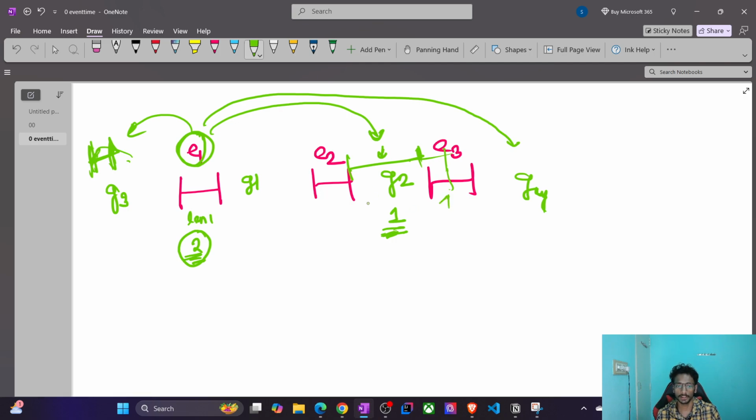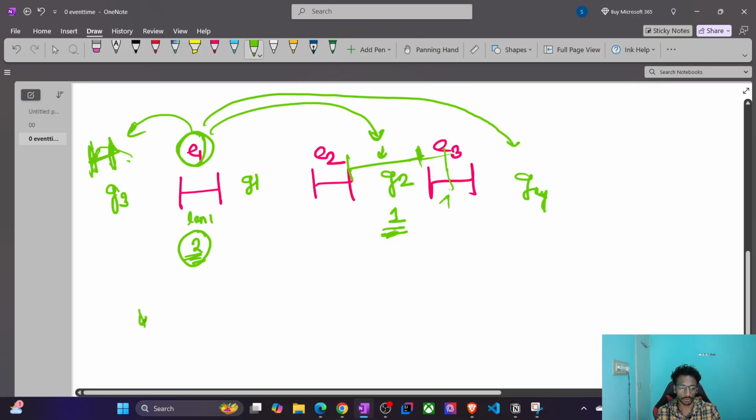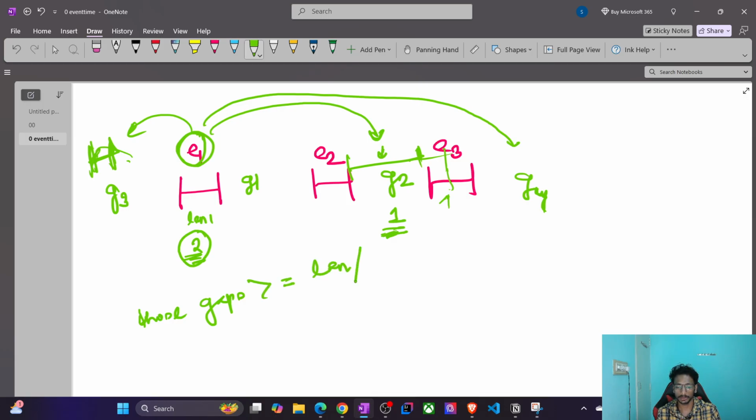So this is not possible. I can only choose a gap greater than or equal to the length or duration of the current event that we are trying to reschedule.